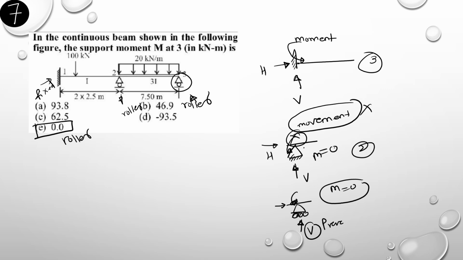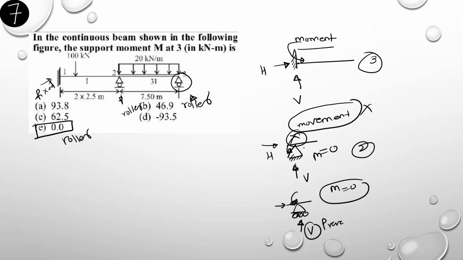But if they ask about a fixed support, there is one value which restricts the rotation, and that moment value we need to calculate. But in case of roller and hinge support, there is no moment value, because in case of roller and hinge support, rotation happens.